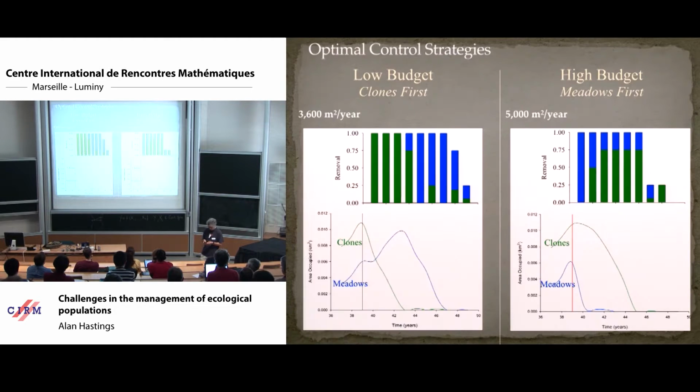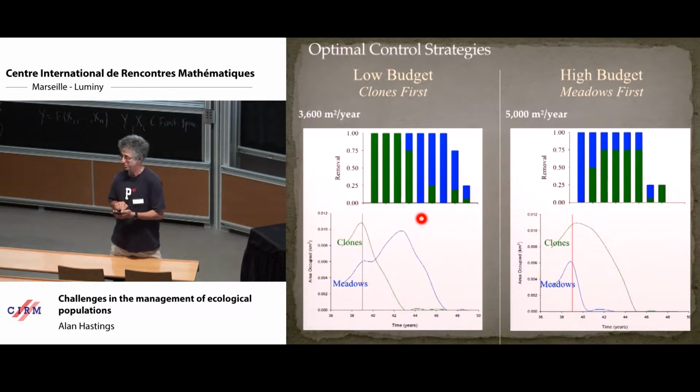And the answer that you come up with as to the optimum is right here, which is that if you have a very low budget, you essentially spend the entire budget on clones the first few years. And then once you have gotten rid of all the clones, and you'll notice that over here, it looks like, oh, we've switched from clones to meadows and then back to clones.